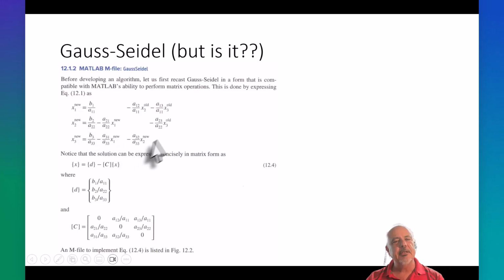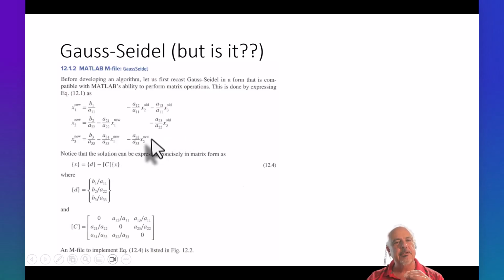It's spaced out so you can see very nicely how these things can be presented in terms of matrices. The x2 new depends on the x1 new. So this is a Gauss-Seidel type of presentation where the x3 is the old, or previous, and then the x3 new depends on the x1 new and the x2 new, right?